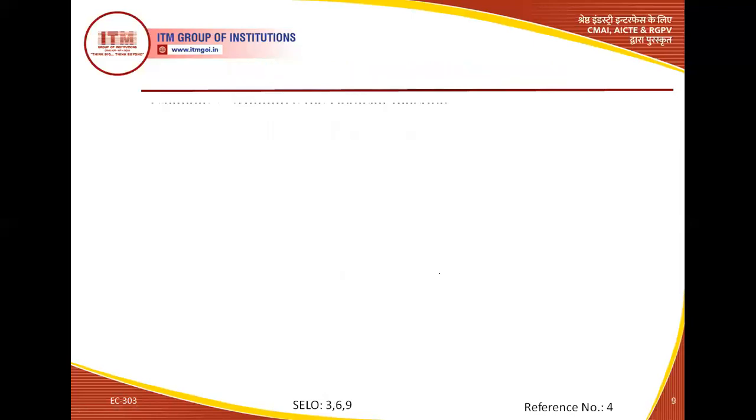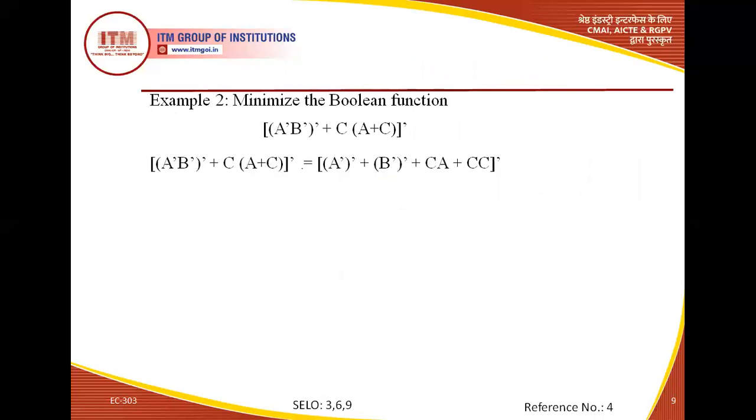Now we see a second example in which the function is given as (A'B')' + C(A + C)'. In which we use the De Morgan theorem. So first we apply the De Morgan theorem on the function (A'B')'. So it will be (A')' plus, the dot will be changed to plus, (B')'.